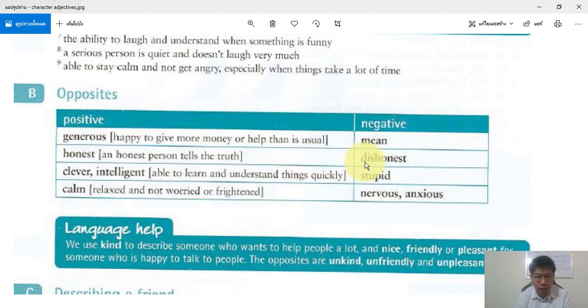But dishonest is cheating or always lying. Clever and intelligent are the same as each other, and the opposite is stupid. Calm, okay, relaxed, not worried or frightened, but the opposite is nervous or anxious.